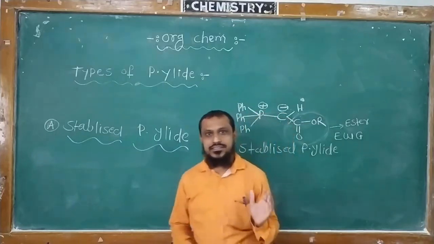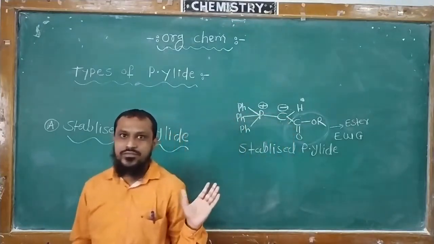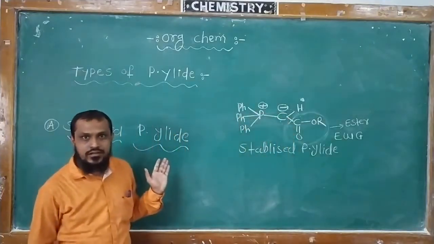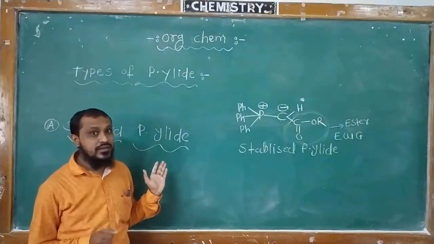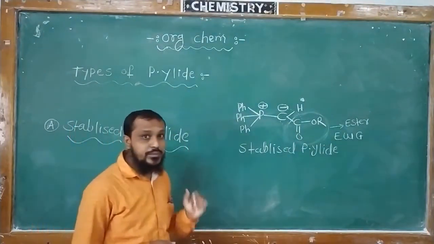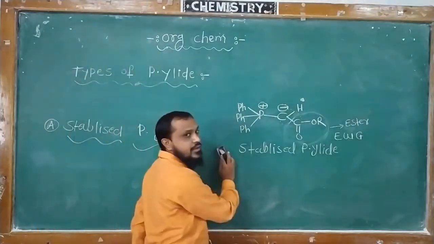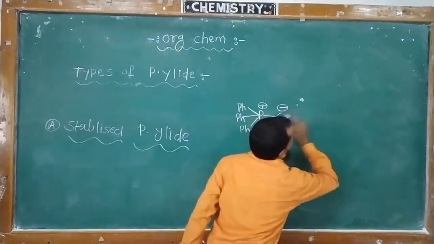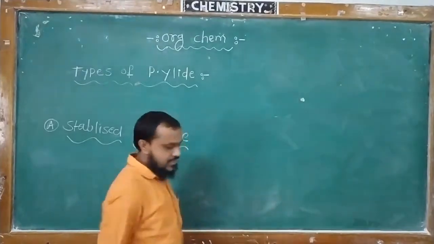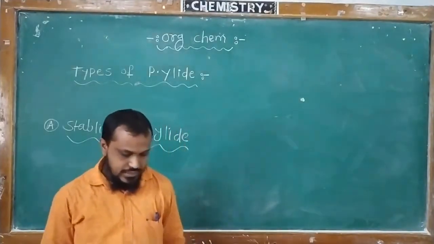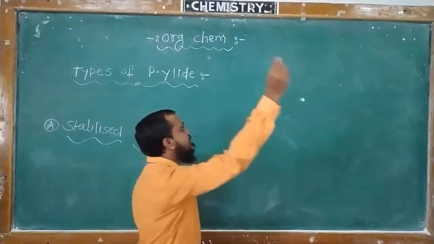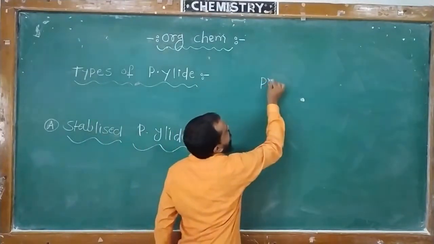So this is the answer of the first question. Now the second question that will arise in your mind, how to prepare it. Look here and prepare the stabilized phosphorus Ylide. Preparation.